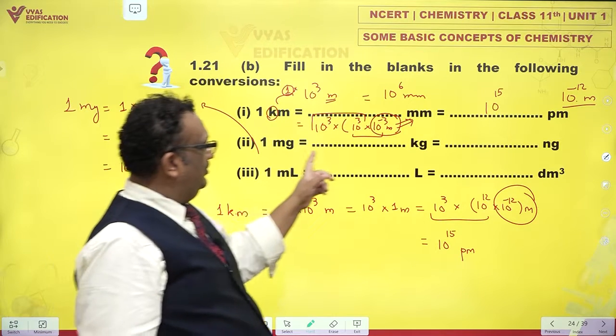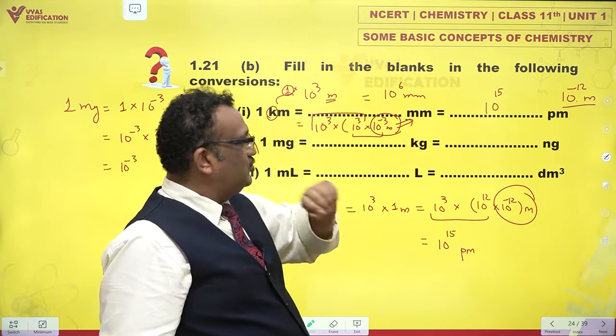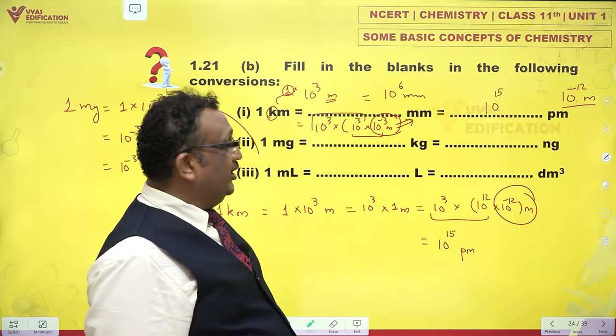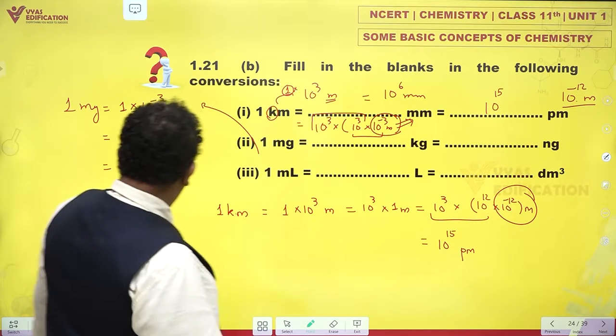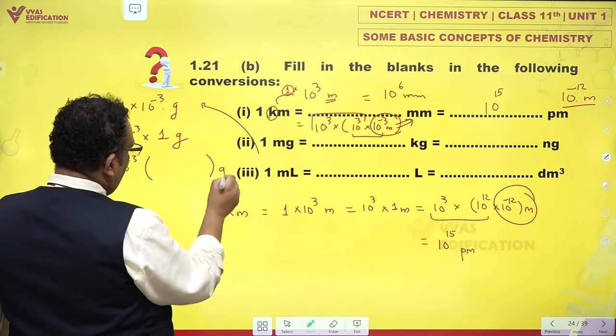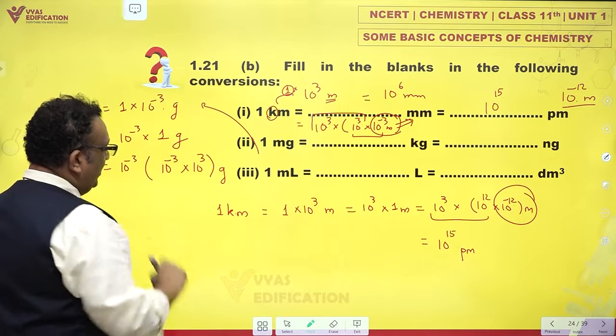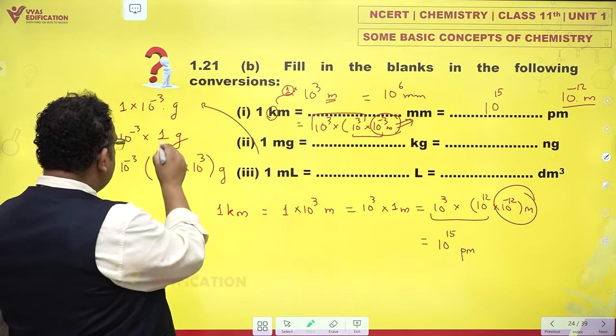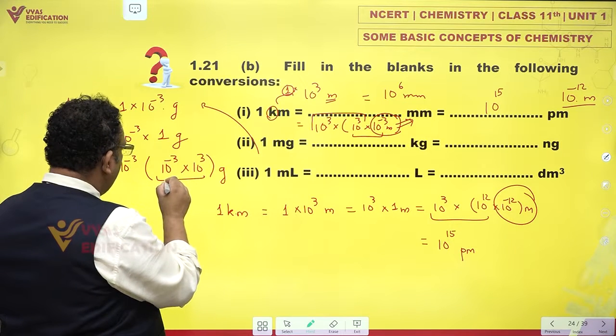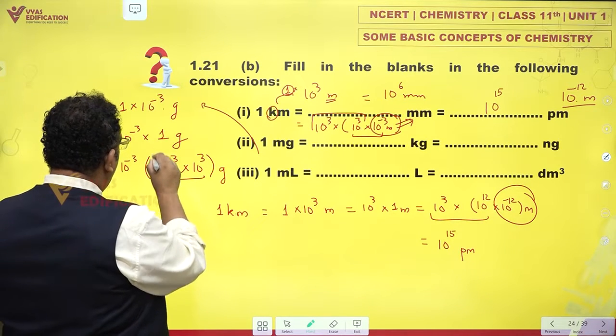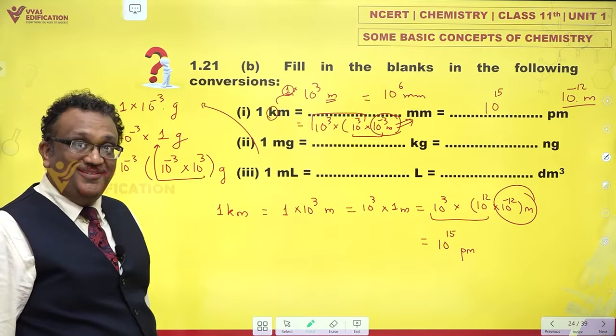Now, 1 gram, I have to convert this to kilograms. Now, kilo is 10 to the power plus 3. So, I feel like having 10 raised to plus 3 here. So, I could also have 10 raised to minus 3 so that this on multiplication will give me nothing but 1, right?